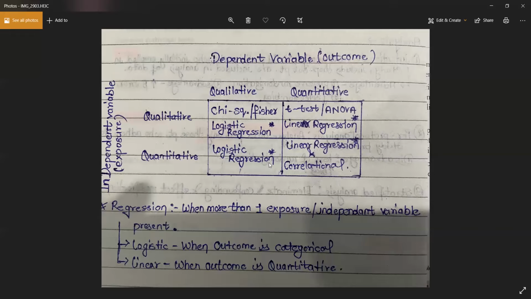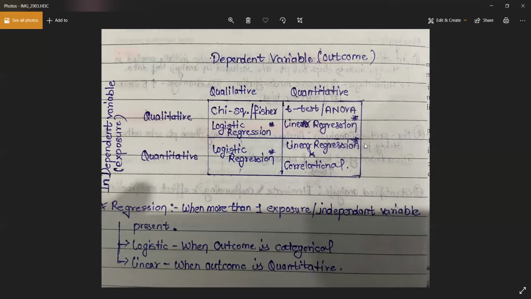Those individuals who are using vitamin X get a mean of X. Certain individuals who are using vitamin Y get a mean of Y in the iron. And the individuals who were not using any kind of vitamin get a mean of Z in the iron levels. So you are comparing the means, actually a quantitative variable on the basis of either qualitative or quantitative ones. Whenever a scenario is something like that, you will always use the linear regression.